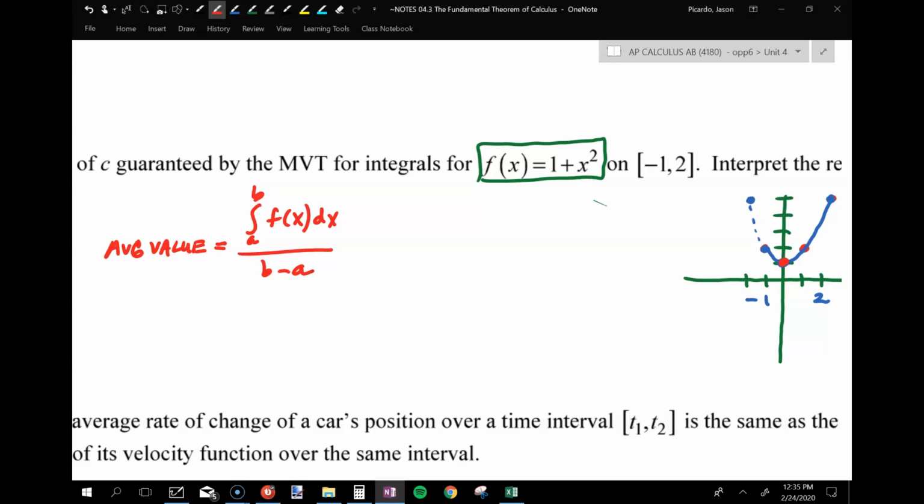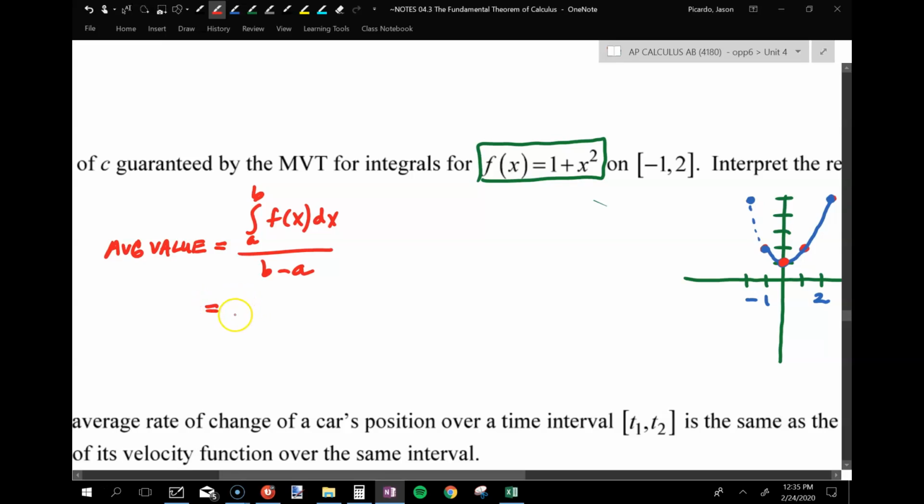We have a function. Is it a continuous function? Doesn't have to be either, does it? Do we have a starting point and an ending point? Yeah. So we should be able to find it. So the average value is -1 to 2. All right, so I should have that.